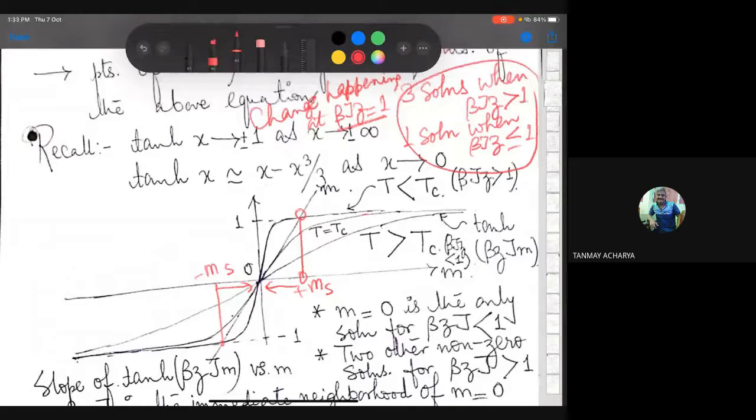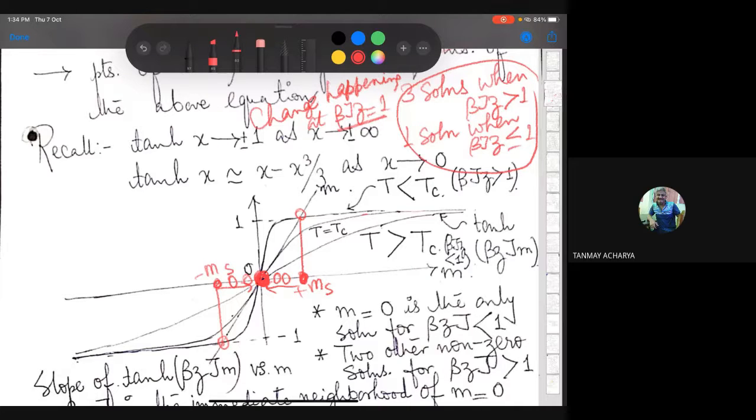There were three roots when beta jz was larger than 1. As beta jz approaches 1 from above, these two roots come closer, closer, closer. At some point, they just annihilate and become only one root. Fine?